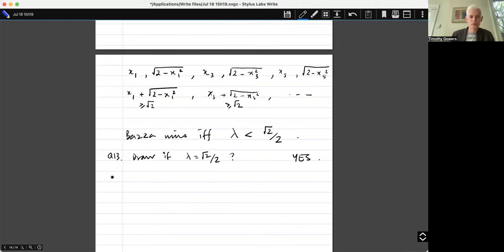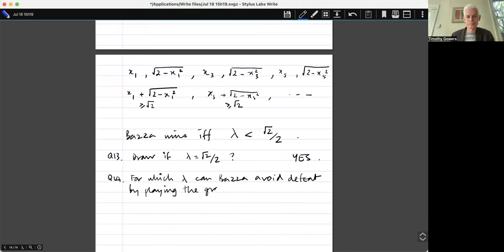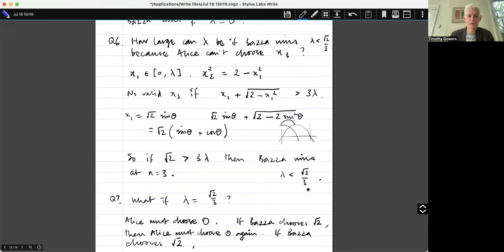So let's just say I have a new question: for which lambda can Bazza avoid defeat by playing the greedy strategy. What I'm very much hoping, because let's go back to what we knew about Alice.